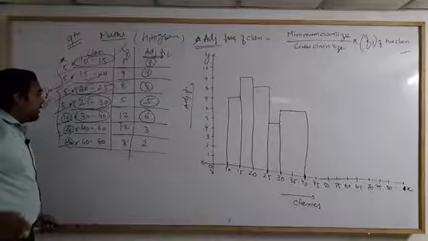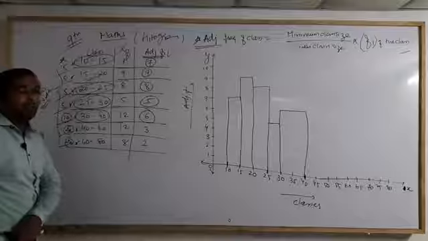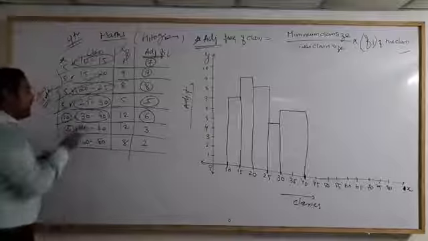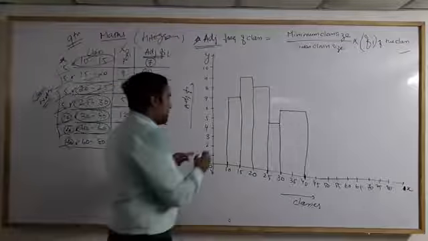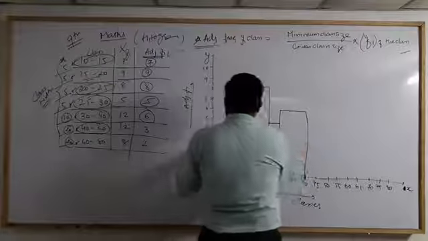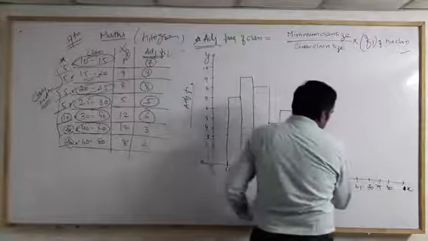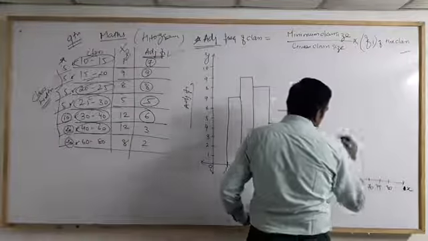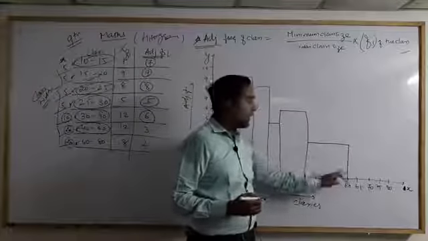Now we are moving from 40 to 60 and my adjustable frequency is 3. My adjustable frequency is 3. So I'll move from 40 to 60, all of them.